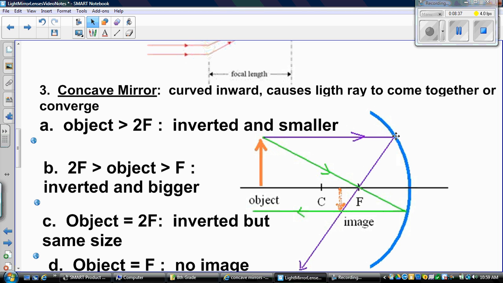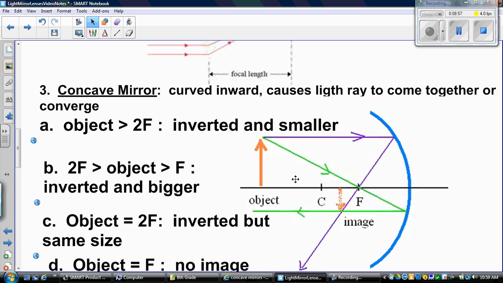It's the lenses that refract. So the reflecting ray coming off a parallel incoming ray will always travel through the focal point. So when you draw the parallel incoming ray and it hits the mirror, it will reflect back out through the focal point, and that's what they've drawn here.